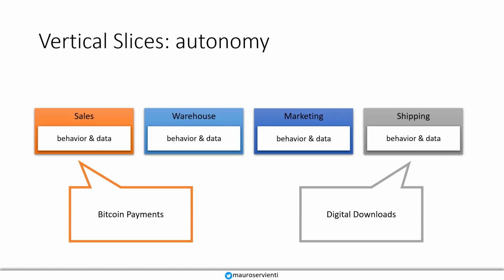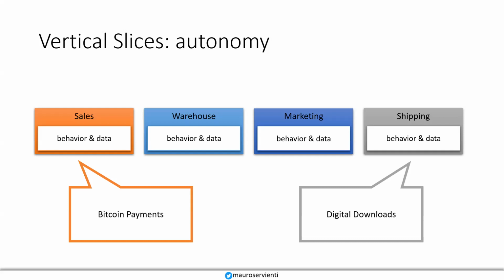So if the business comes along and says, hey, starting tomorrow, we're going to allow to sell stuff that can be digitally downloaded, we just need to change shipping to basically ignore orders or shopping cart items that are digitally downloadable. Meaning that, and again, warehouse doesn't care at all, and marketing neither, and sales probably not at all.